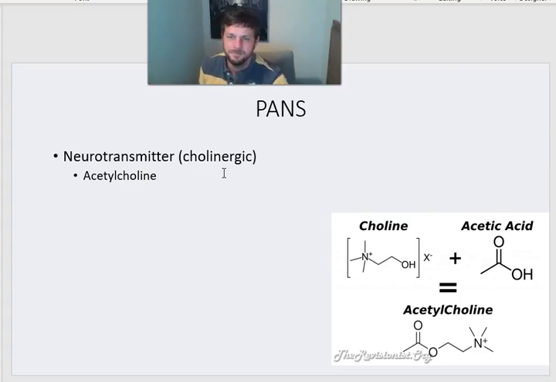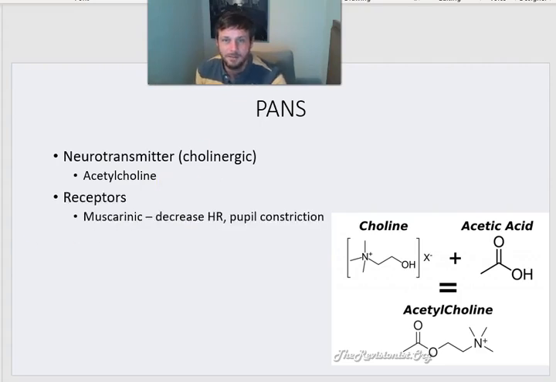Now, there are a lot of cholinergic neurons. There's a lot of receptors throughout the body that bind acetylcholine. When we're in the parasympathetic, we're going to be focusing on muscarinic receptors. When we talk about our skeletal muscles and those relaxants, we'll talk about nicotinic acetylcholine receptors.